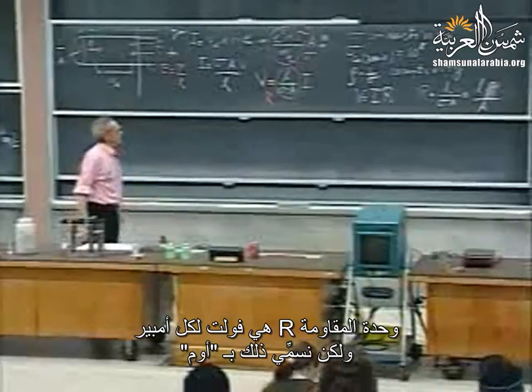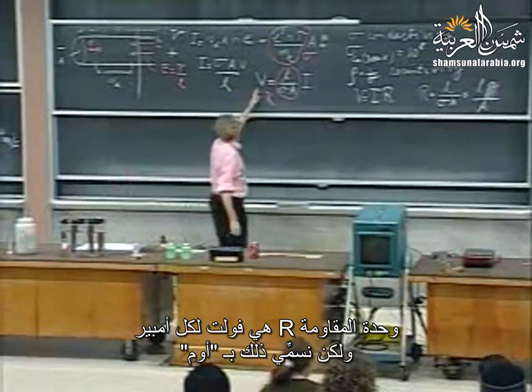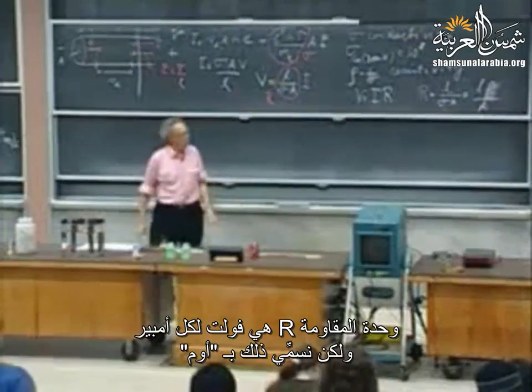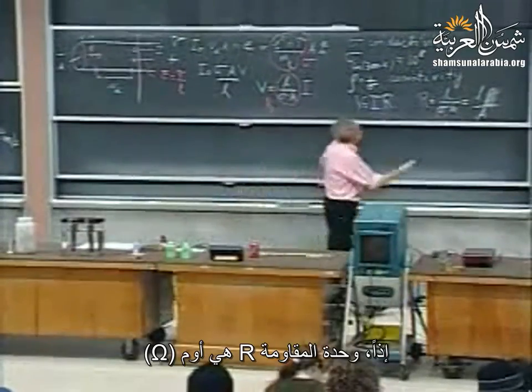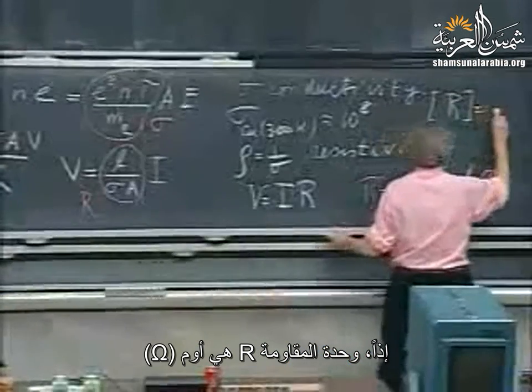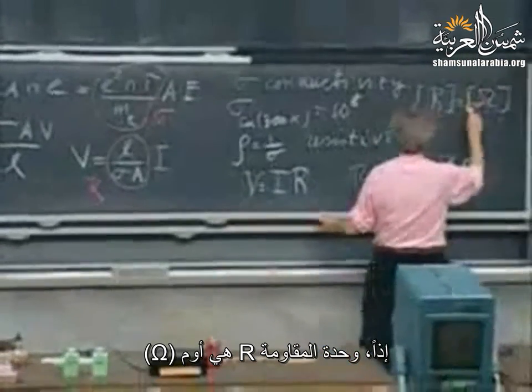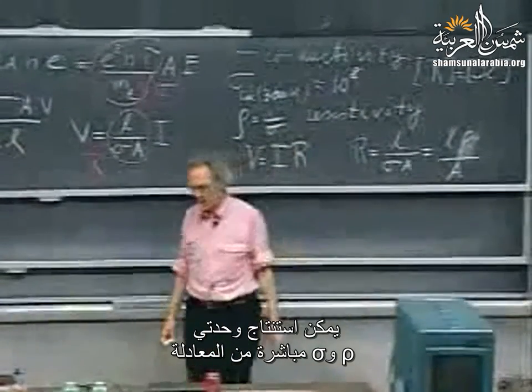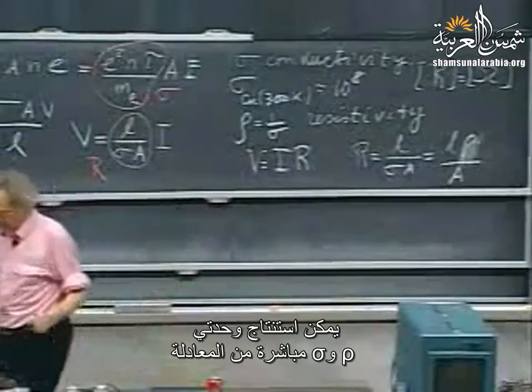The unit for resistance R is volts per ampere, but we call that ohm. And so the unit for R is ohm. And so if you want to know what the unit for rho and sigma is, that follows immediately from the equations.